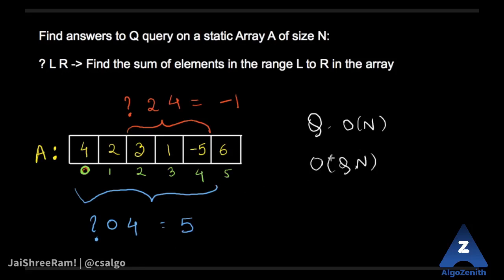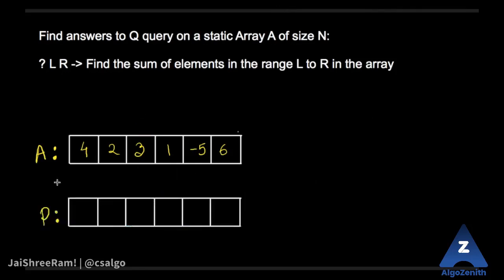Now, how can we do better than this? Let's get into the idea of the problem. We try to build a precomputation array, or array P, such that P of I stores the prefix sum of array A. What does this prefix sum mean?